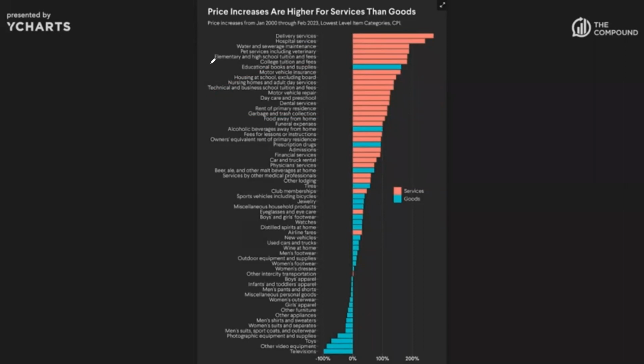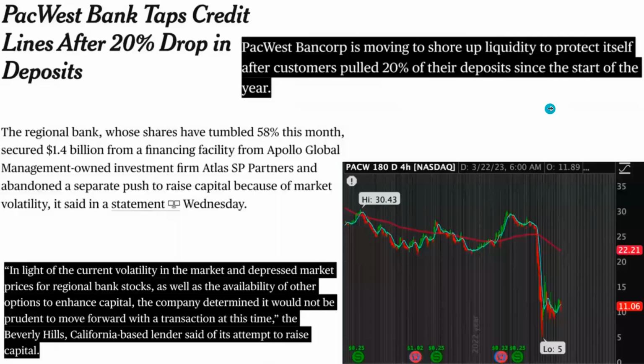So maybe in the future when AI and robots, which sounds kind of crazy to be saying, are more developed and more commonly used, then that's probably when we'll see a big drop in a lot of these services, and the price increases of services start to go down. But for now, that's been one of the really big things that Jerome Powell's been paying attention to, as well as a lot of other people who are paying attention to inflation.